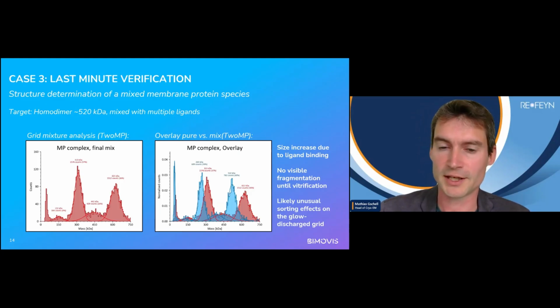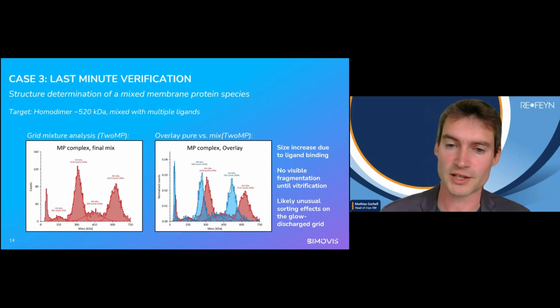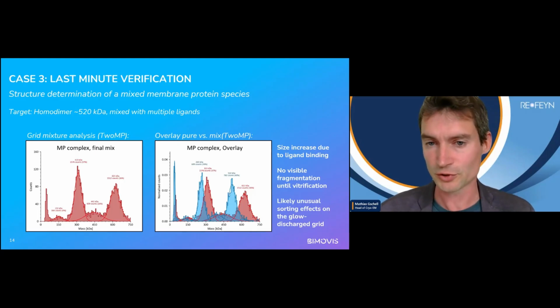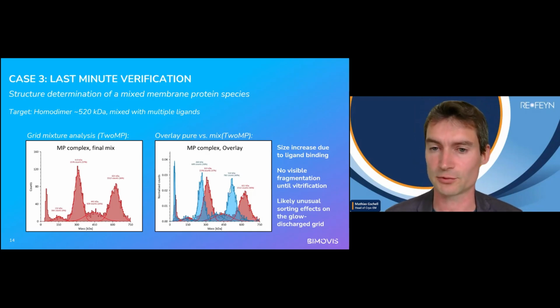And we can therefore conclude that the most likely outcome of our data set issues is a sorting on the glow discharge grid, which happens in several cases when different protein surfaces are exposed and therefore act differently to the highly hydrophilic metal surface of our sample holders.